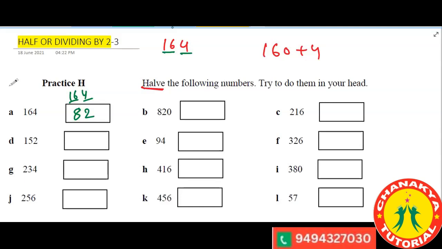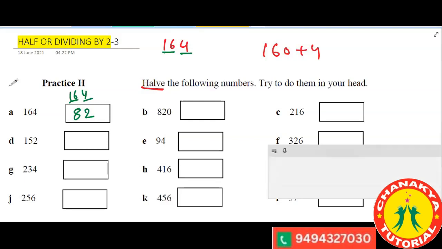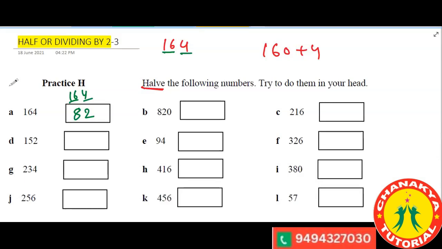Advika, select one and tell the answer for that. Banshika, what is your question? E. Okay, proceed. The number is 94, and then we have to find the half of it. Just a second. 410 is for what? So it would be 90 plus 4.